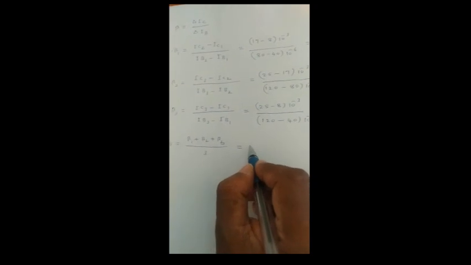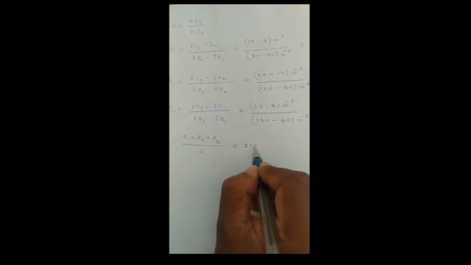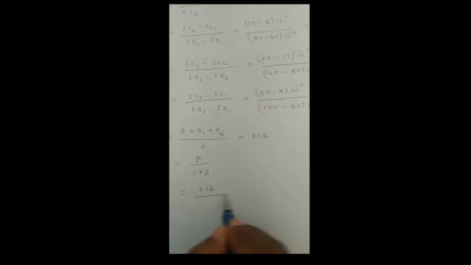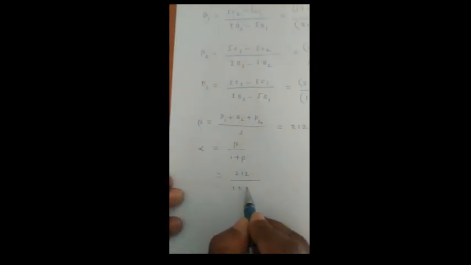So the average value of beta is going to be 212, and the corresponding alpha is given by beta by 1 plus beta, which is equal to 212 by 1 plus 212.